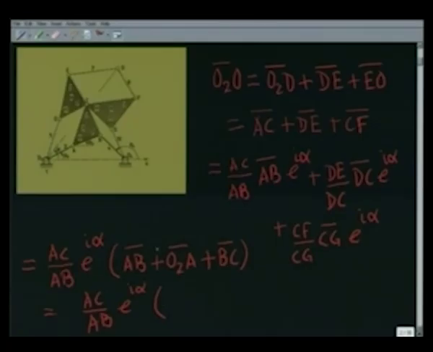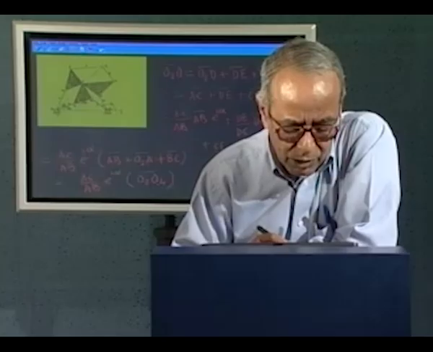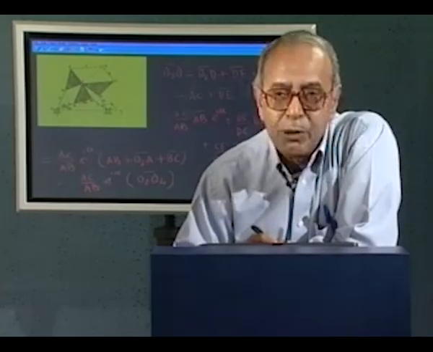The summation of these three vectors, namely O2A plus AB plus BC, is nothing but the vector O2O4. So, this vector O2O is vector O2O4 into AC by AB into e to the power i alpha.